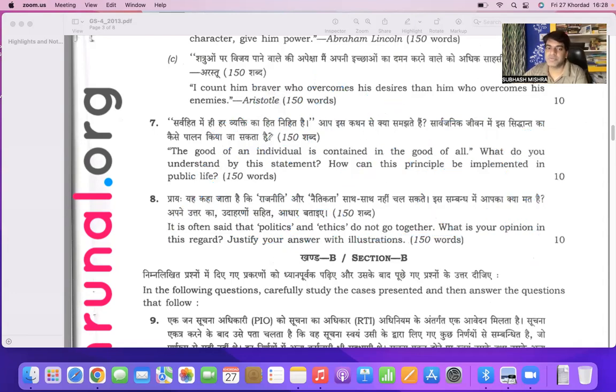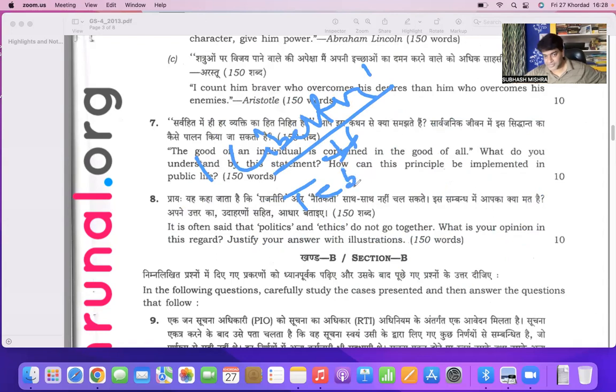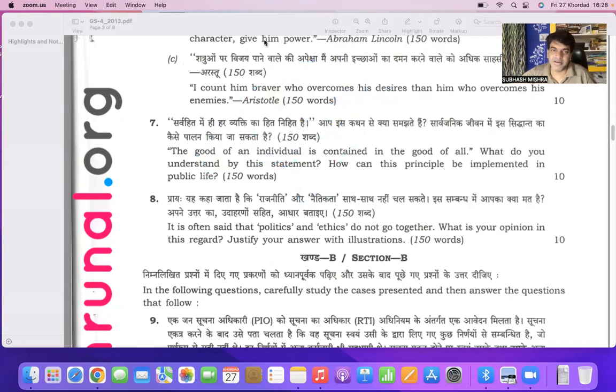Like what type of liberty is the Preamble talking about? Please tell me, both of you. Liberty of thought, expression, belief, faith, and worship. Then one more is there. Do you remember, Prerna? No, Preamble I am talking about.